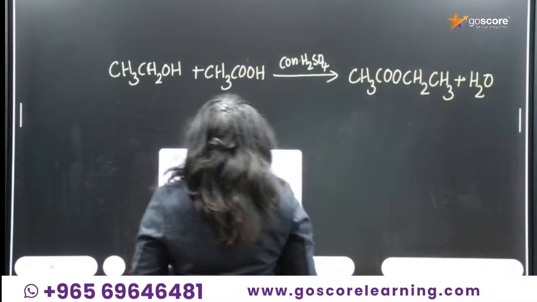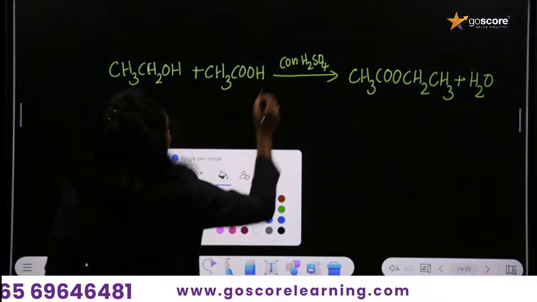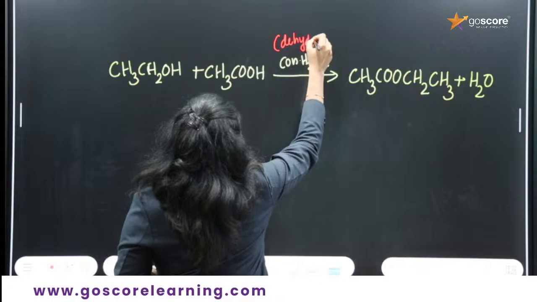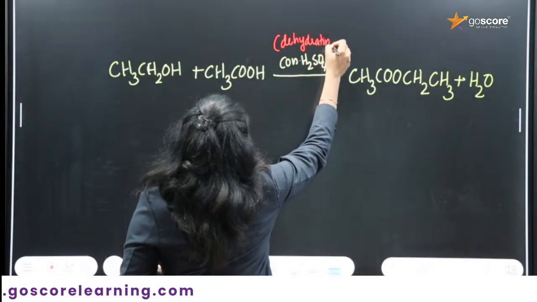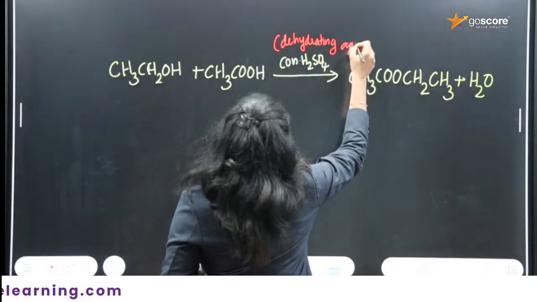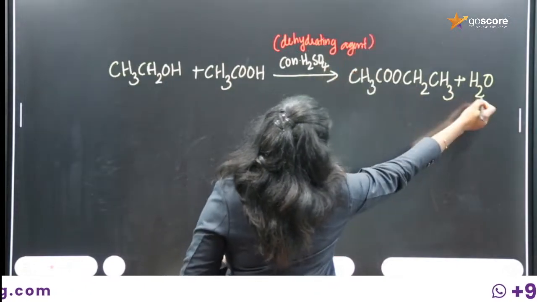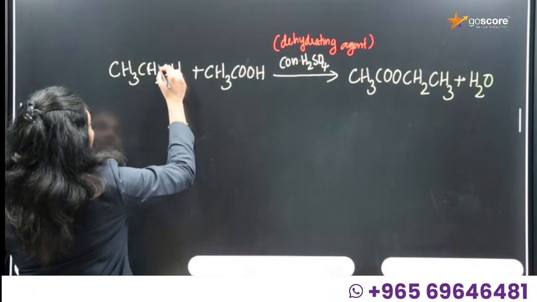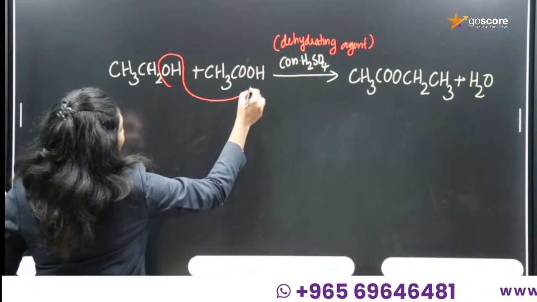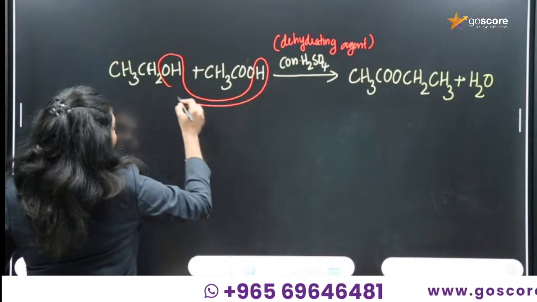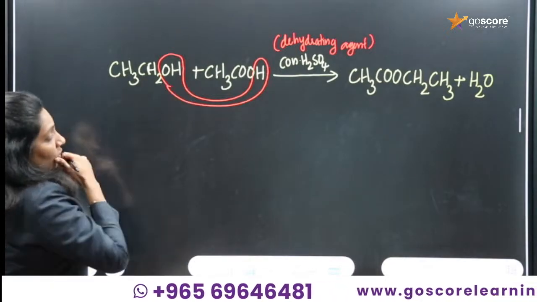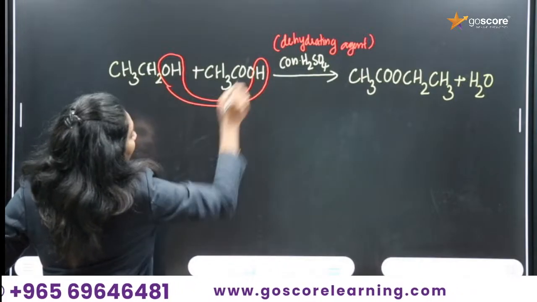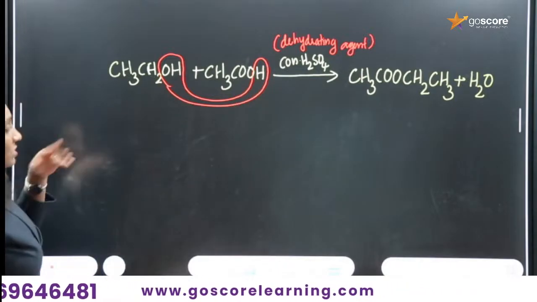Here, what is the role of this concentrated H2SO4? It acts as a dehydrating agent. It helps to remove the water. And what is happening in the reaction? This OH and this hydrogen from the acid is removed as water, and then the CH3COO portion will be coming and binding here, to CH2CH3.